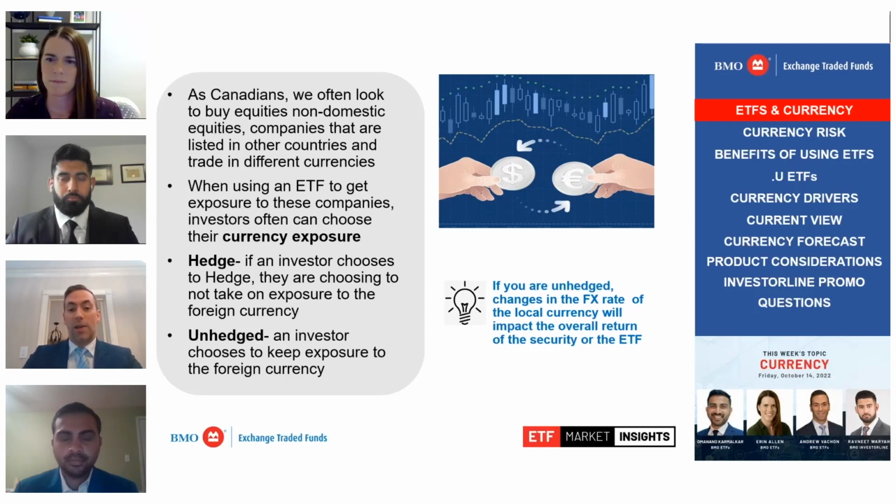Now, if you're an investor who chooses to hedge to CAD, you're essentially eliminating any foreign currency exposure. Your return will be focused more on the performance of the foreign securities. And if you choose to keep that exposure to the foreign currency, you'll go unhedged. There are some benefits of being unhedged as well, since currency exposure can potentially improve returns and add to diversification.